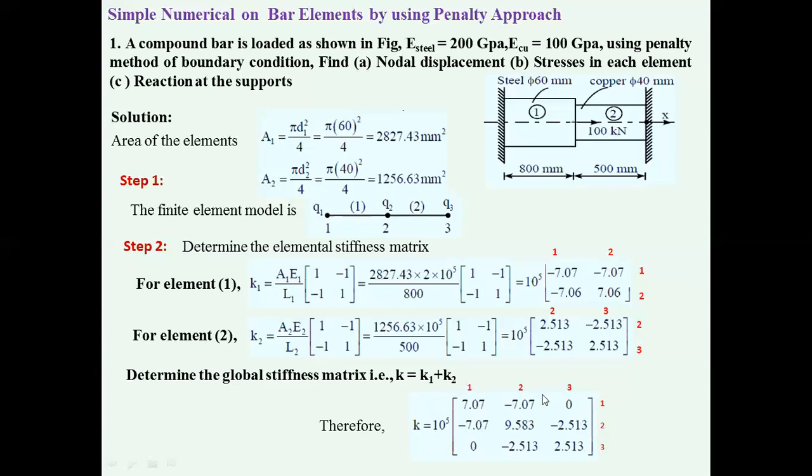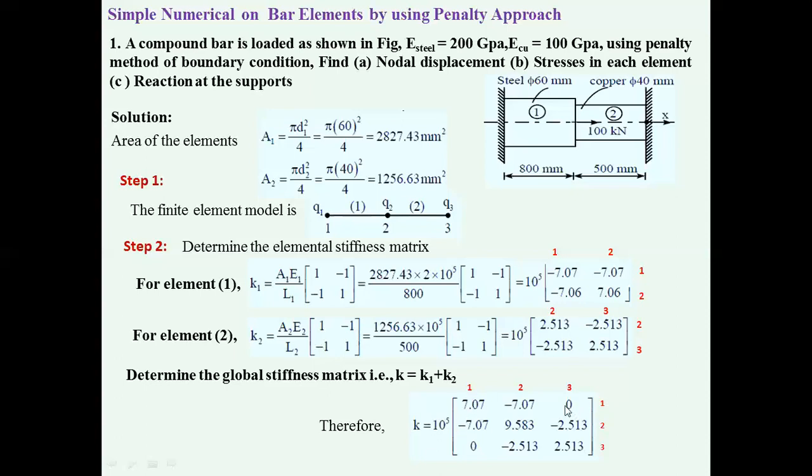Represent 1, 2, 3, 1, 2, 3. Now you have to find the elements present in the global stiffness matrix: here the element is K11, here K12, here K13. K11 is 1 cross 1. Here it is 1 cross 2 or 2 cross 1, so it is K12. 3 cross 1 or 1 cross 3 is K13.